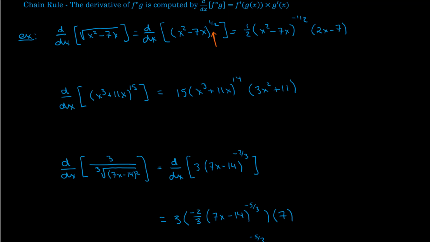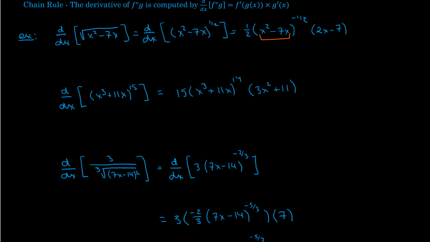I'm going to take the derivative of just the outside part. Well, that works like a power rule. If I have something to the 1/2 power, the coefficient becomes 1/2, and the exponent is reduced by 1. So I'm going to have now a coefficient of 1/2, a new exponent of negative 1/2, and notice, really important, the stuff inside is not changed.